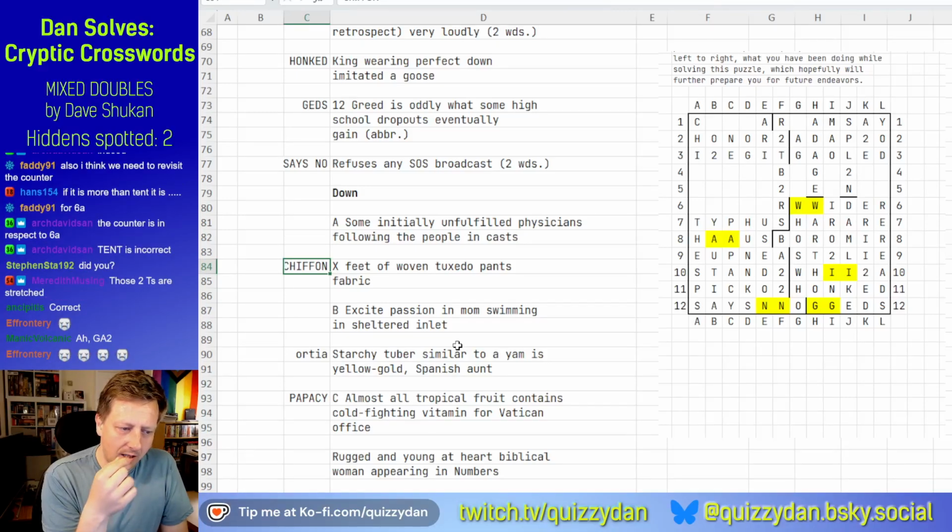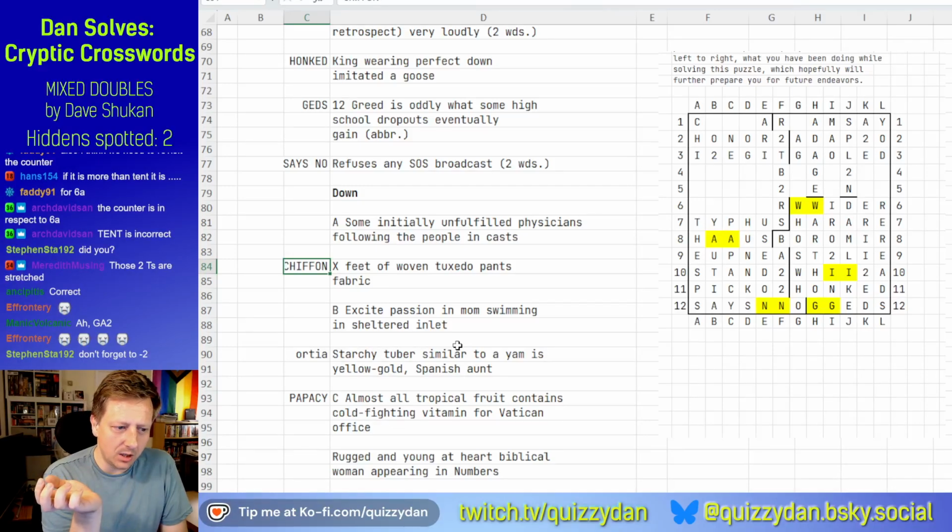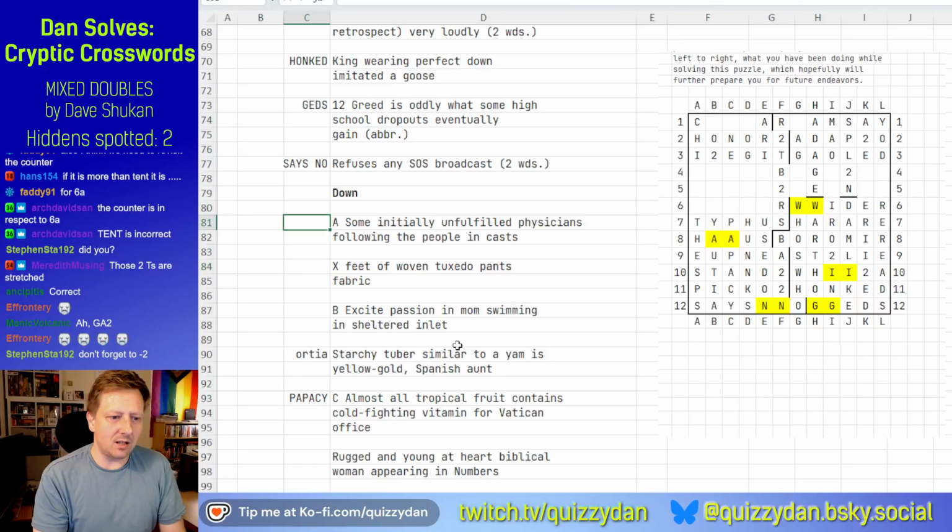X is Chi. Feet. FT. Of woven. Anagram. So Chi. Shifoti. Don't know that one. What is this going? Some initially unfulfilled physicians following the people in casts. Well, that's thesps.